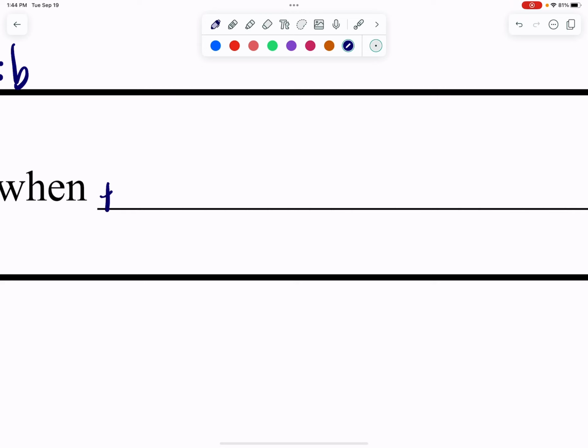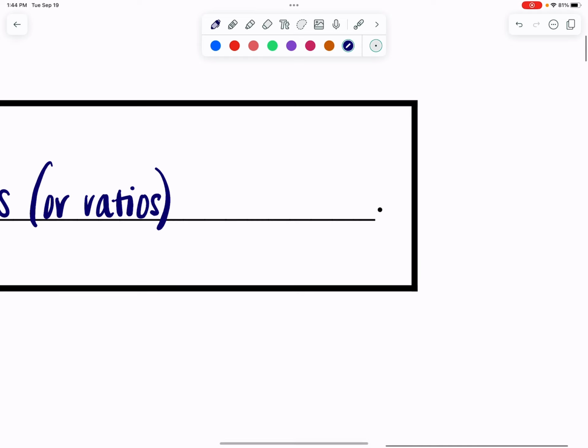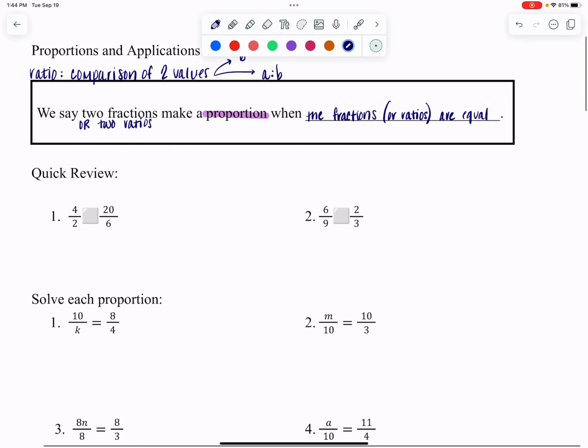So when the fractions or ratios are equal. So, a quick review about how to tell whether you have a proportion or not.